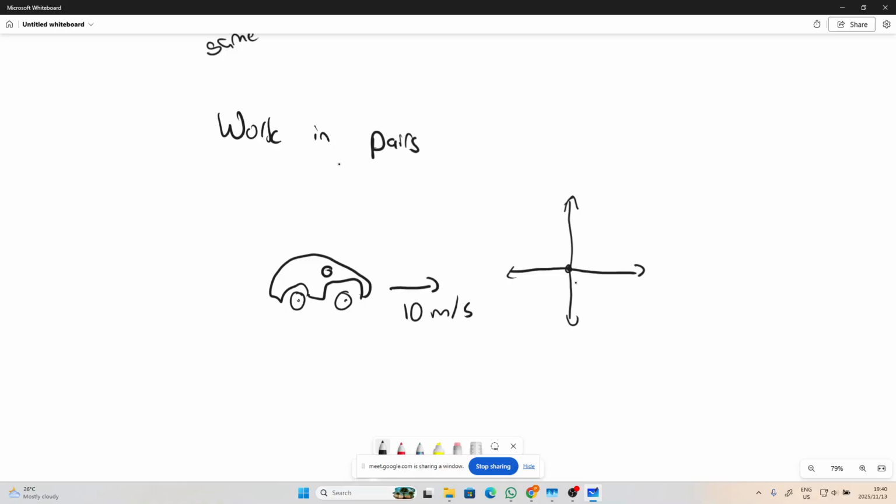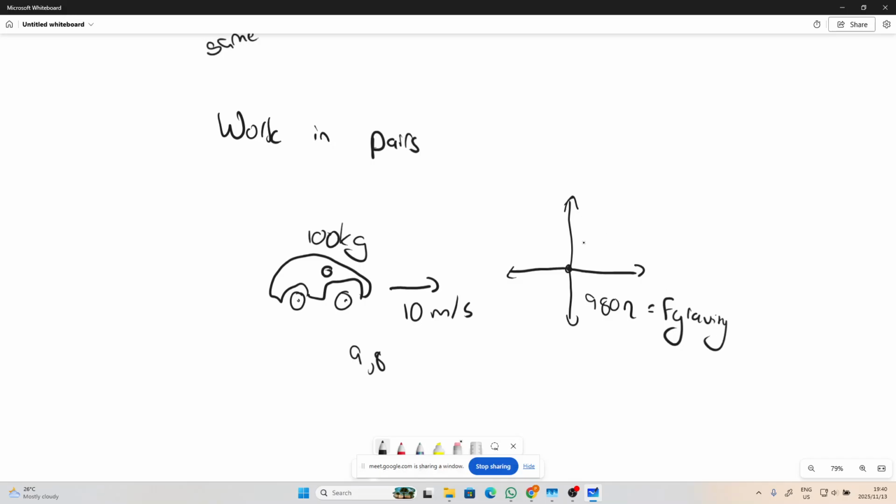Let's say we're on Earth, gravity is 9.8, and this car weighs 100 kilograms. The amount of weight pushing down is 980 newtons. And that's your F gravity.